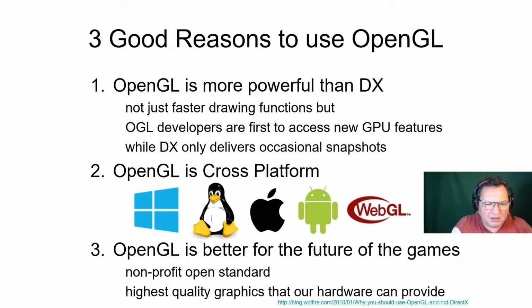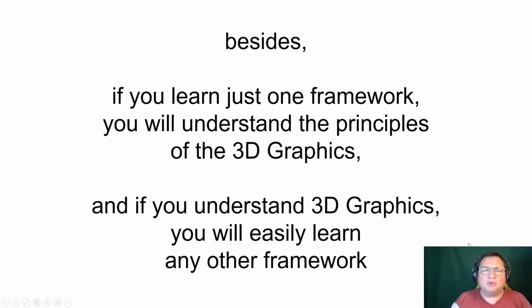Of course, you may discuss whether it's comparable to DX12, for example, but first of all, it's open, it's cross-platform, and it's powerful. Besides that, if you learn just one framework, you will understand the principles of 3D graphics, and if you understand 3D graphics, you will easily learn any other framework. For example, Vulkan.